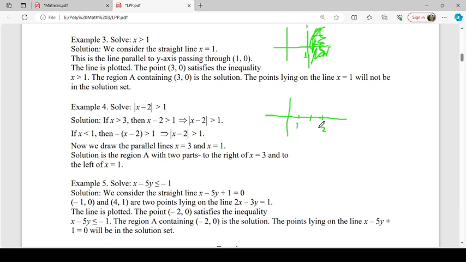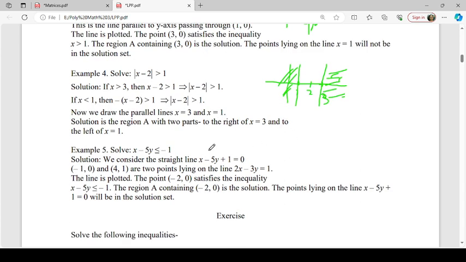If x is in between, then it is not the solution. So x should be greater than 3 and it should be less than 1. These are the regions, so x is greater than 3 and x is less than 1.